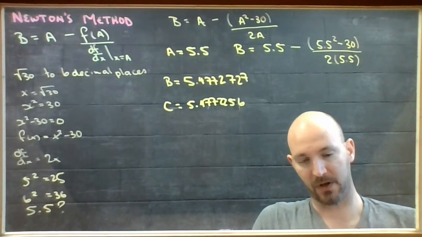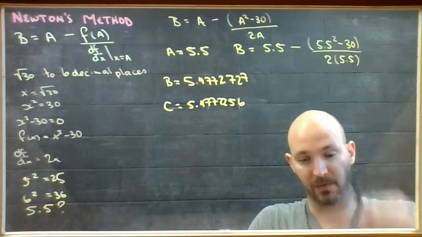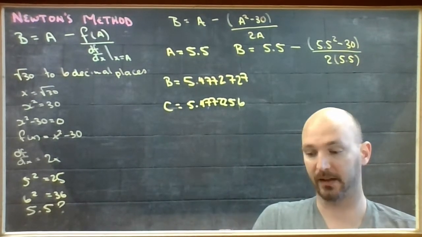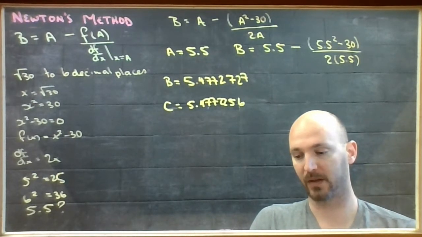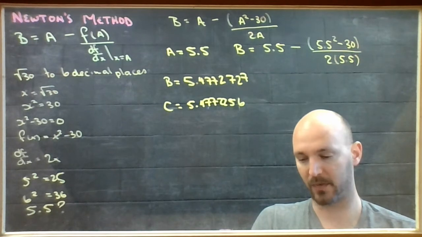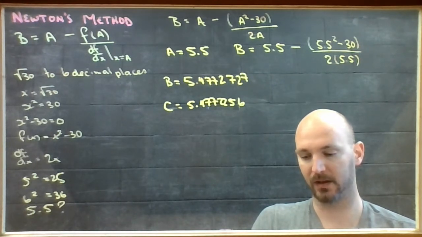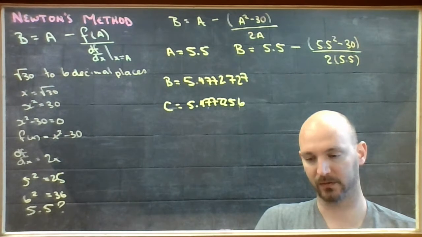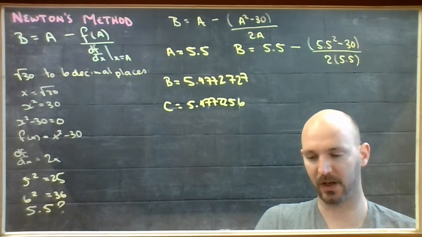Okay, now the neat part is your calculator probably has an answer button in there. So if you are really good at using one of these things, you could do bracket answer squared minus 30. Apparently I'm not good at using the calculator. Divide by 2. Put that in brackets. Times the answer.